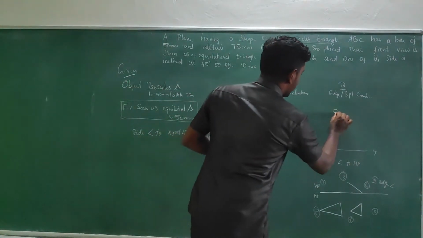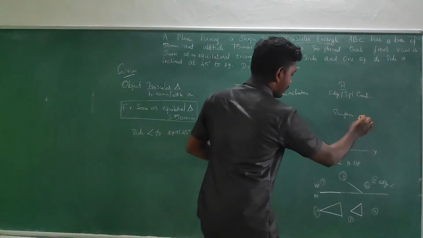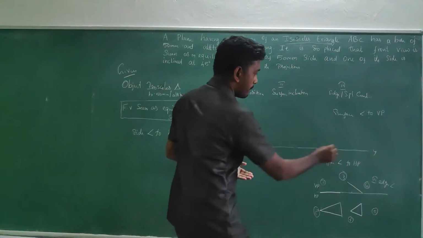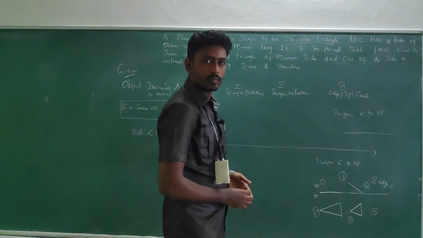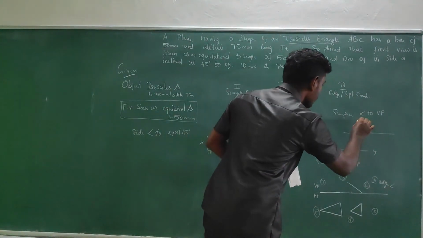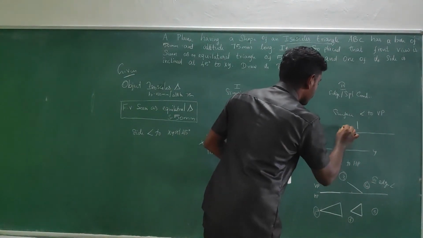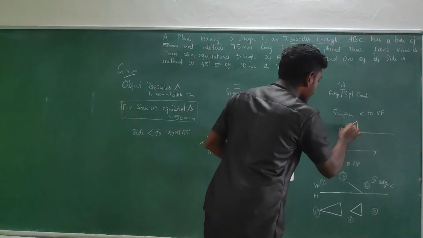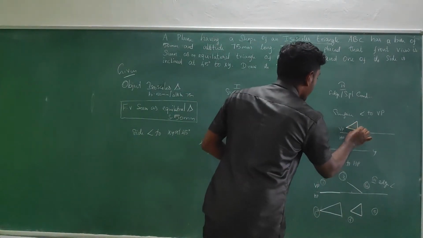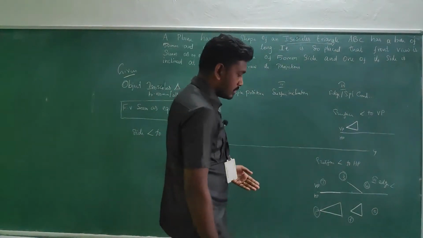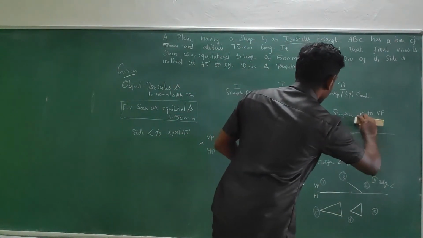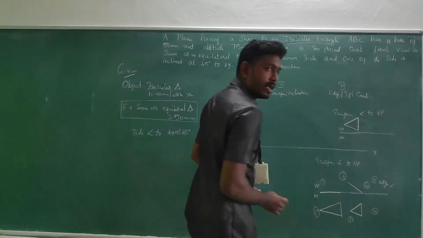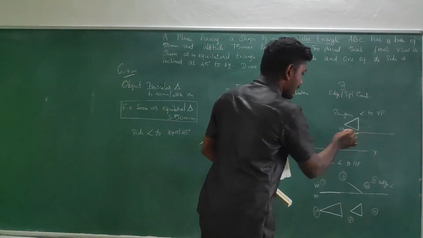See, if the surface is inclined to VP, what would be the diagram? You will be beginning from the VP, since the true shape is seen in the VP, you will be starting like this. And in the top view, a straight line.